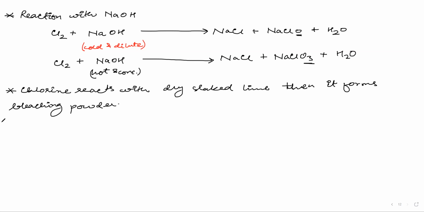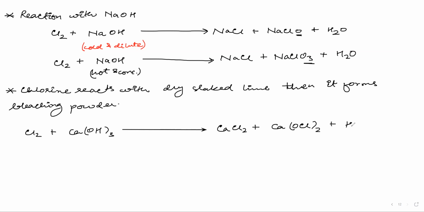You have Cl2 plus Ca(OH)2, calcium hydroxide, which is also known as slaked lime. Then you get the products CaCl2 plus Ca(OCl)2 plus H2O.